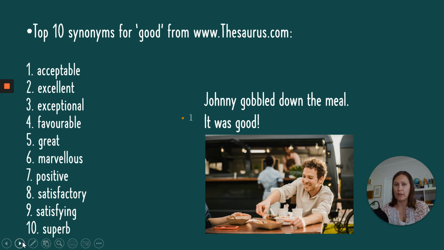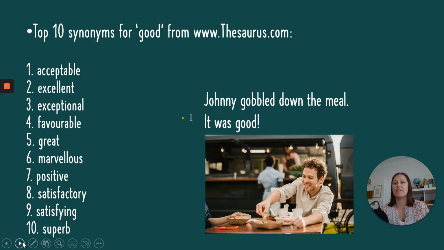It was favourable. It was great. It was marvellous. It was positive. It was satisfactory. It was satisfying. It was superb. Well, some of those options really don't convey the idea that the meal was good.